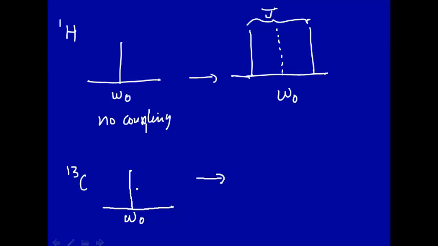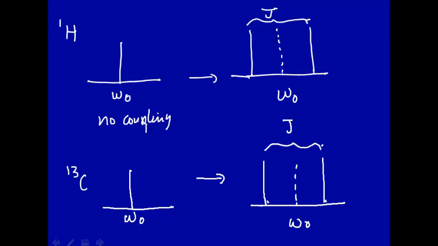And now, when we couple with the H, we'll see the same kind of splitting that we saw for the proton. And this is called J. The two coupling constants, the coupling of C with H and of H with C, are equal because they're symmetric. They go back and forth. So this coupling and that coupling are equal.